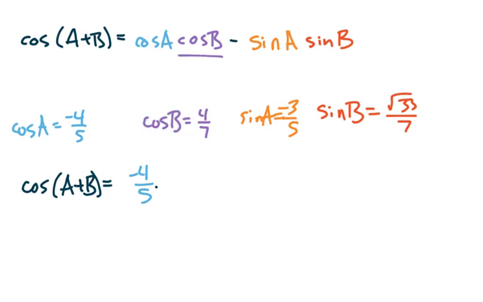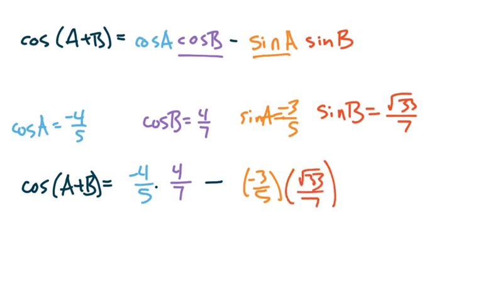So this whole thing is getting replaced with 4/7 minus sine of A. The sine of A is negative 3/5, not A equals negative 3/5. The sine of A. So this whole thing is getting replaced with negative 3/5. And over here, sine of B, the whole expression is equal to this radical. So we're going to have radical 33 over 7.